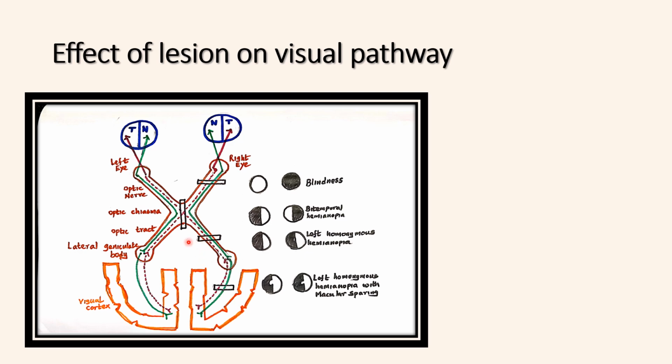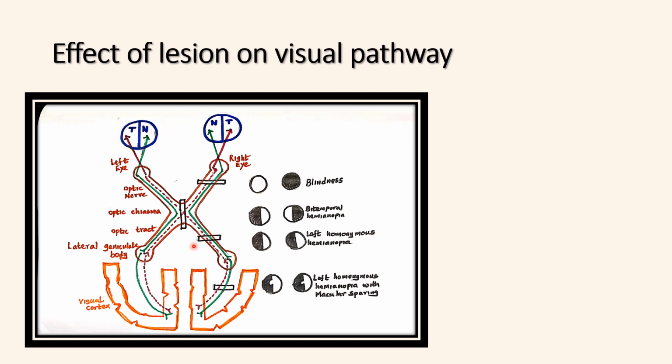Now, lesion of the optic tracts. The nasal fibers receive from the left visual field in the right eye. Here also it receives from the left side of the left visual field.